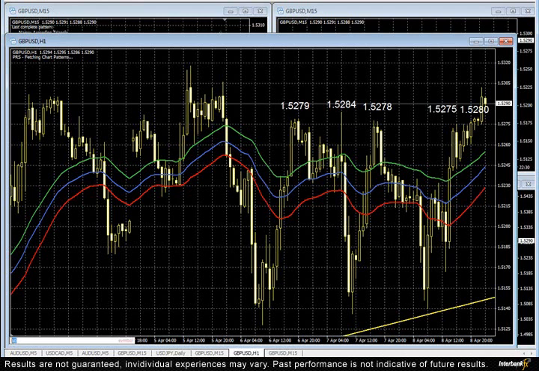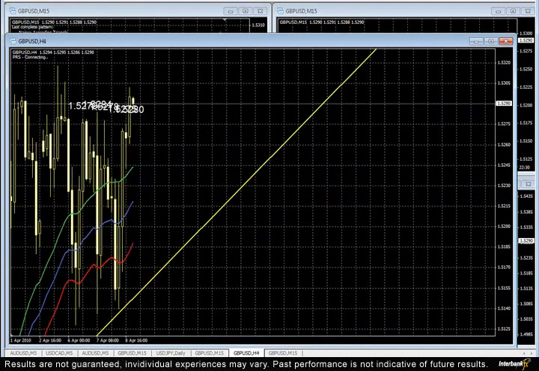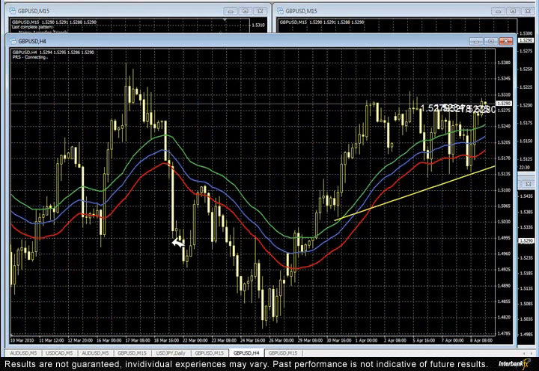What if I head on over to a 240? Now we're talking about a 4-hour chart. Those up and down trends, they're hardly even visible, are they?